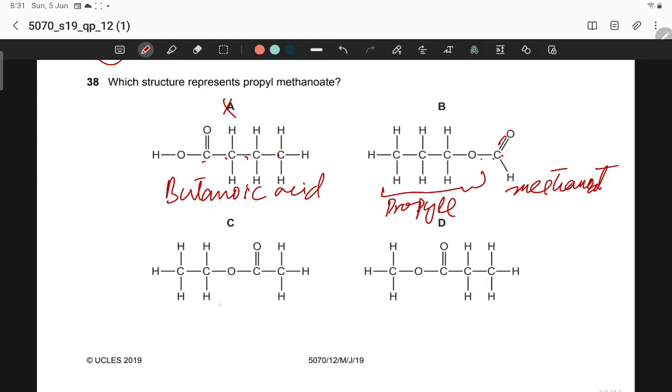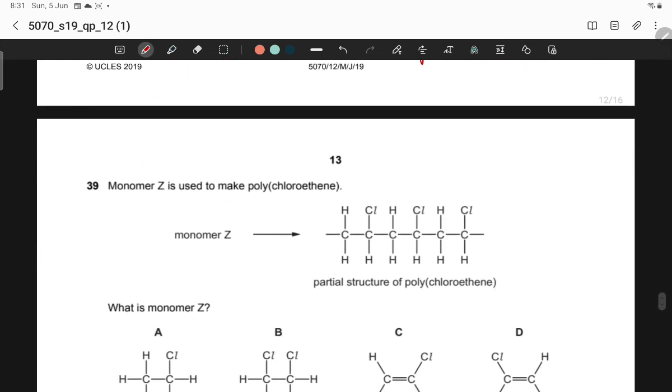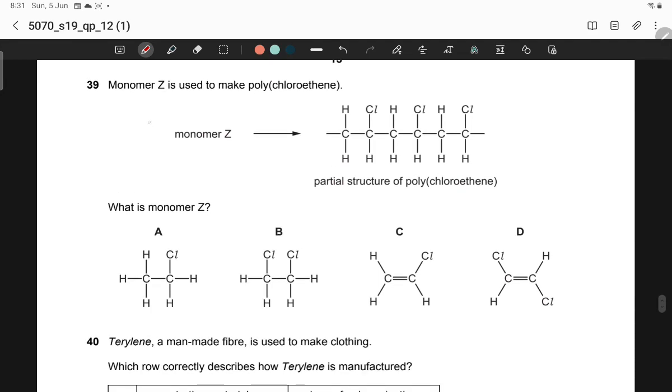This is ethyl ethanoate, and this is methyl propanoate. So A option is correct.